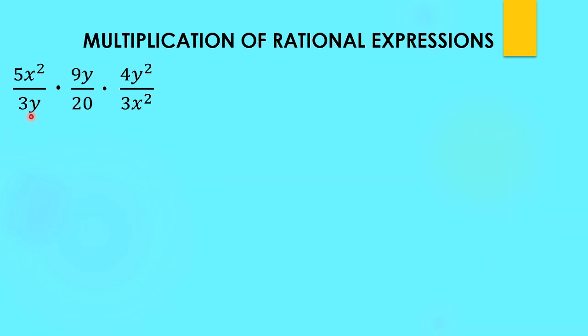Okay, so in this other example, we have three rational expressions: 5x squared over 3y times 9y over 20 times 4y squared over 3x squared. To multiply these three rational expressions, of course, we follow the rule in multiplication of two fractions, that is, multiplying all the numerators and denominators.